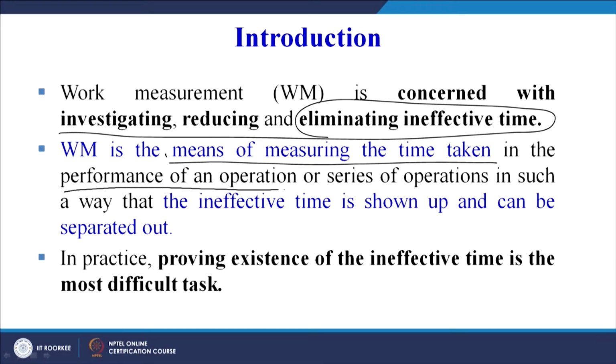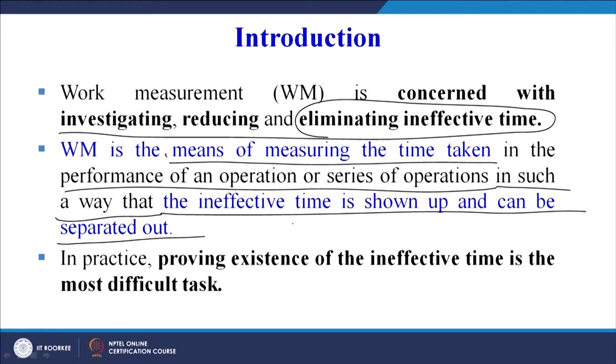Work measurement is the means of measuring the time taken in the performance of an operation or a series of operations in such a way that the ineffective time is shown up and can be separated out. So during work measurement, it may also help us to see where we are spending extra time which can easily be avoided.